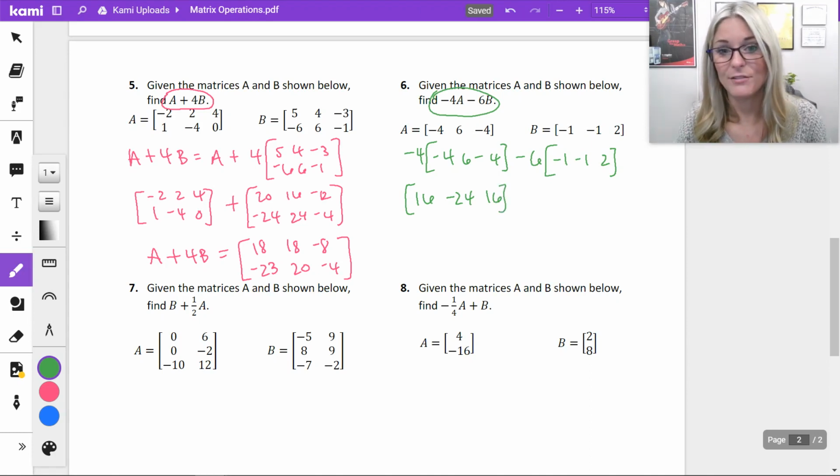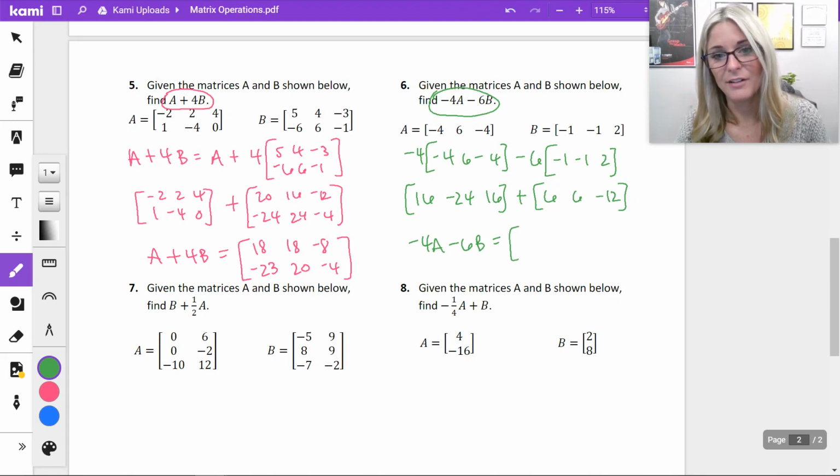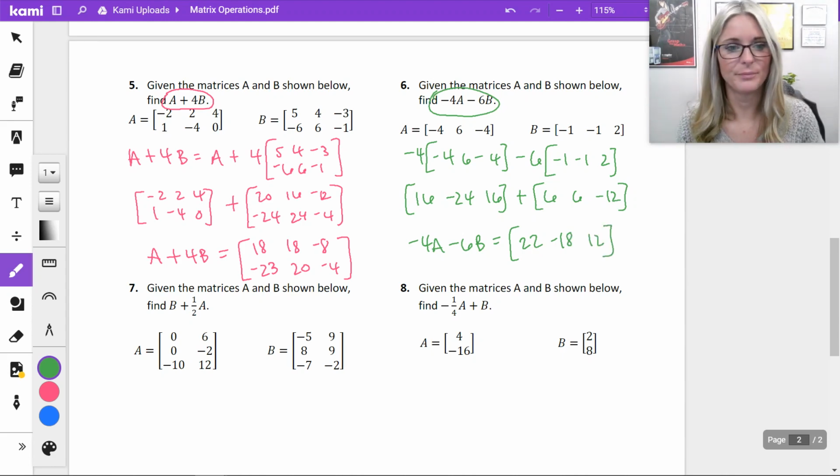Multiplying with that negative gives me a positive 6, another positive 6, and negative 12. So then our final answer, adding these matrices together, we're going to have 22, negative 18, and 12 as our final answer.